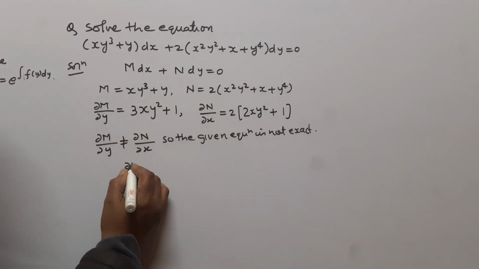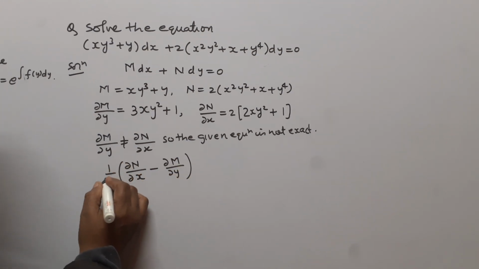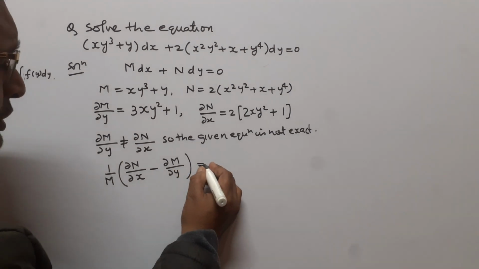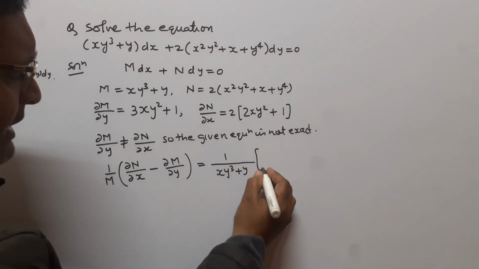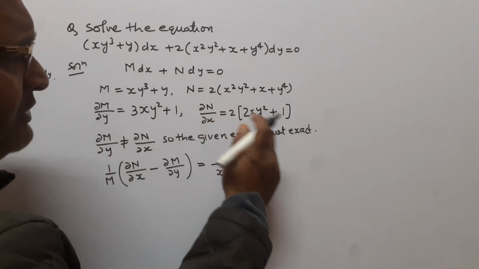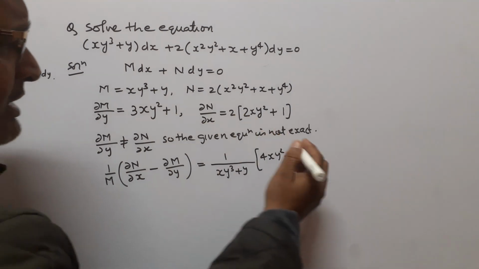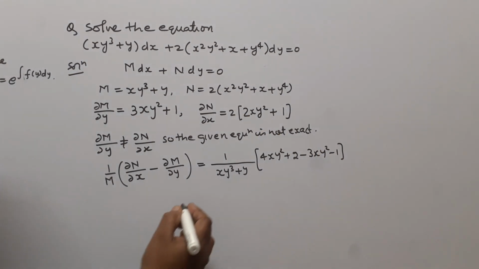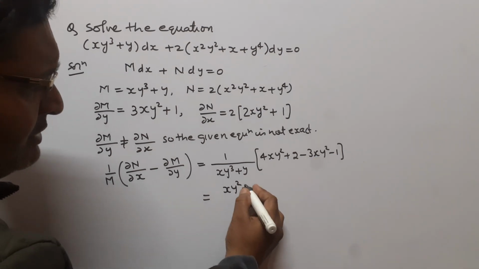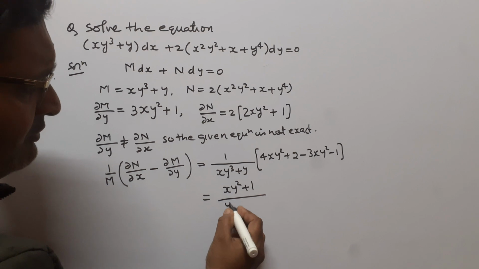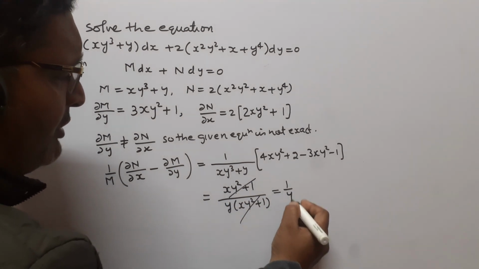First we subtract ∂M/∂y from ∂N/∂x and multiply by 1 upon M. M is xy³ plus y, and ∂N/∂x is 4xy² plus 1, minus ∂M/∂y, which is 3xy² plus 1. Now 4xy² minus 3xy² is xy², and 1 minus 1 cancels out. Taking y common, we get y(xy² plus 1) in the numerator over y(xy² plus 1), so xy² plus 1 cancels out, and we get 1 upon y.